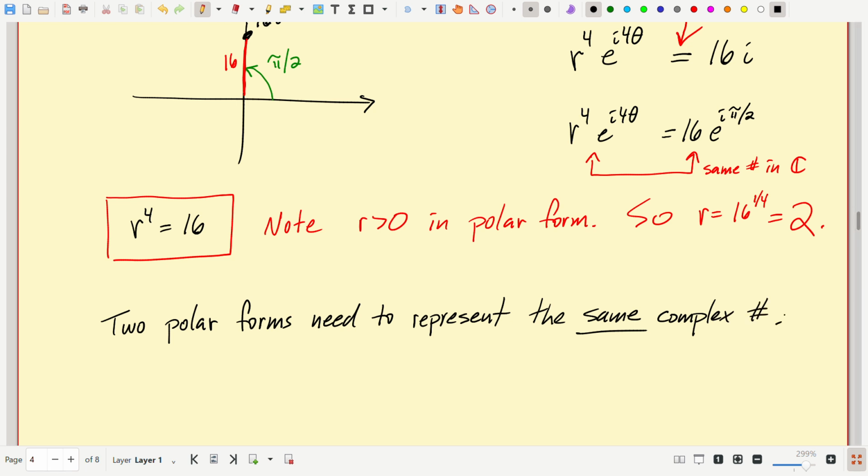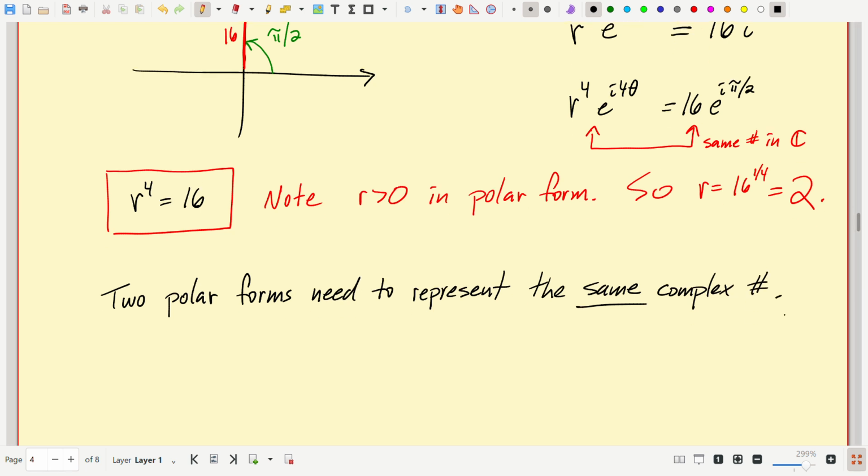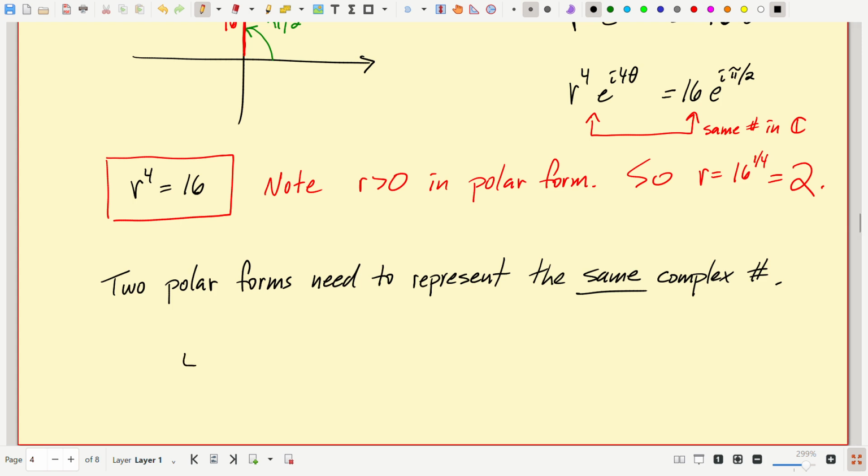So what does that mean? Well, certainly if 4 theta was equal to pi over 2, that's the most obvious way to do that. But I could go around 2 pi times and get a different solution.